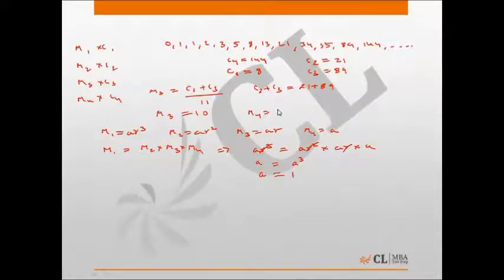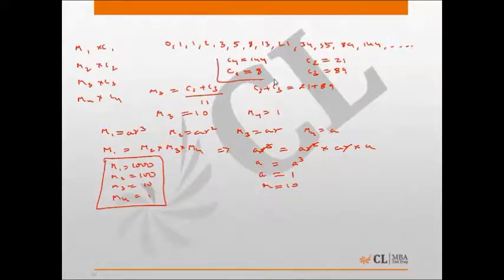Putting it in the value of M3, I'll get R is equal to 10. That means M1 is equal to 1000, M2 is equal to 100, M3 is equal to 10 and M4 is equal to 1. These are the values of the capacity and these are the calibers.